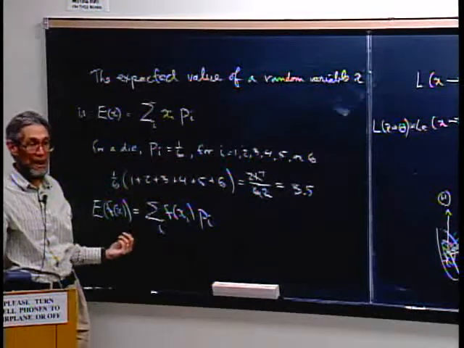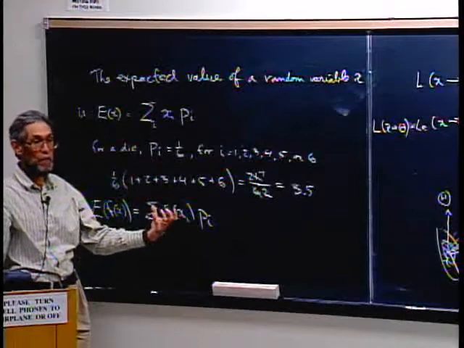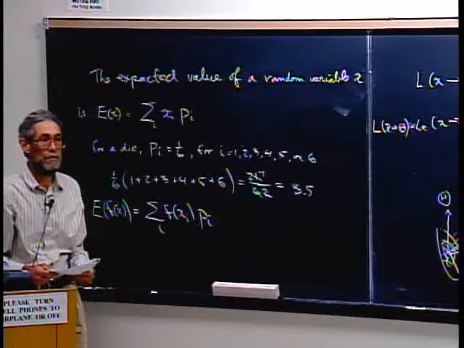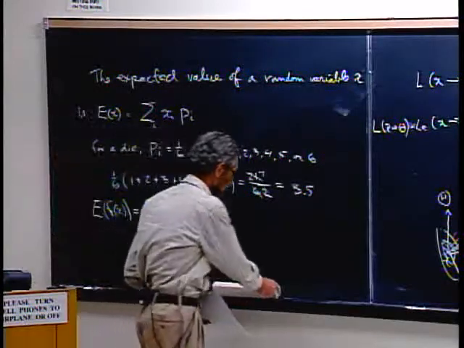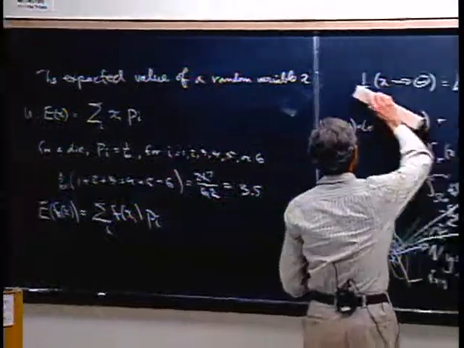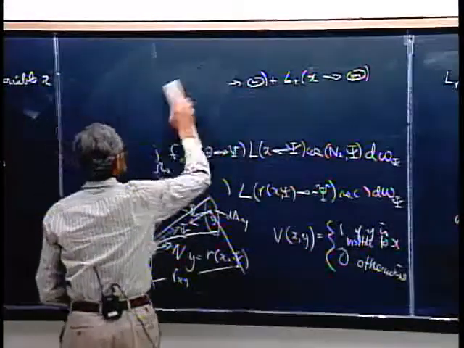Then your f of the face number would be that other number. And then you could similarly add up the scores times the probability. So you can think of the events as separate from their scores.